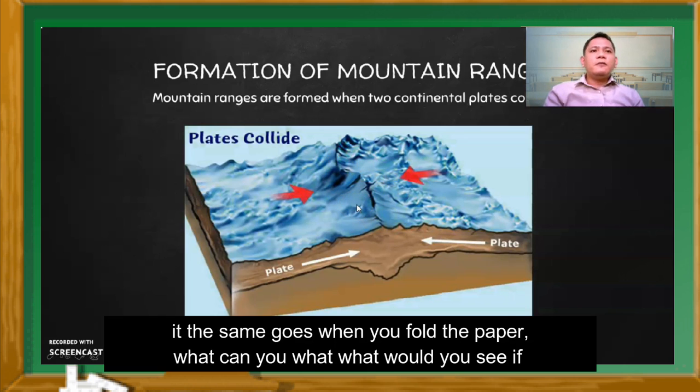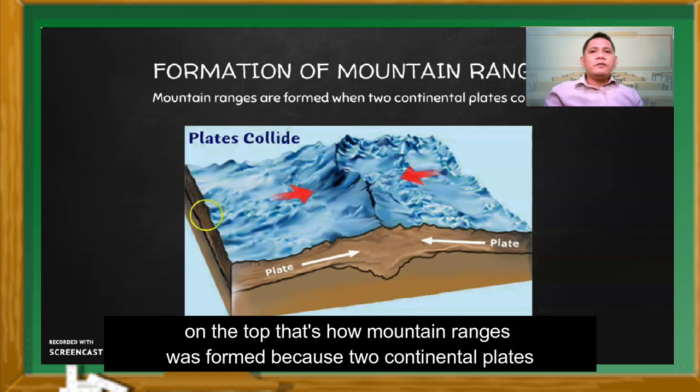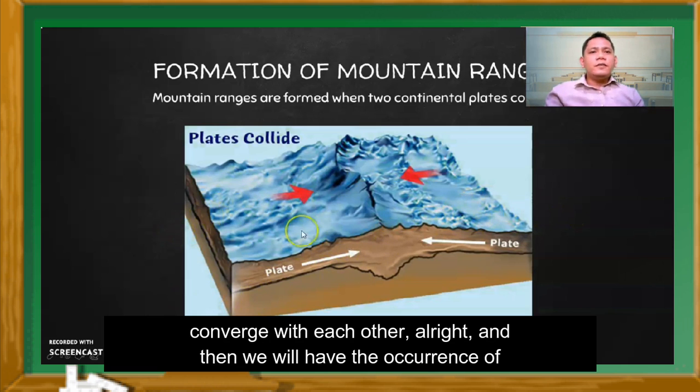It's the same as when you fold paper. What would you see if you fold paper? The top portion would look like a mountain. The concentration is on the top. So that's how mountain ranges are formed, because two continental plates converge with each other.